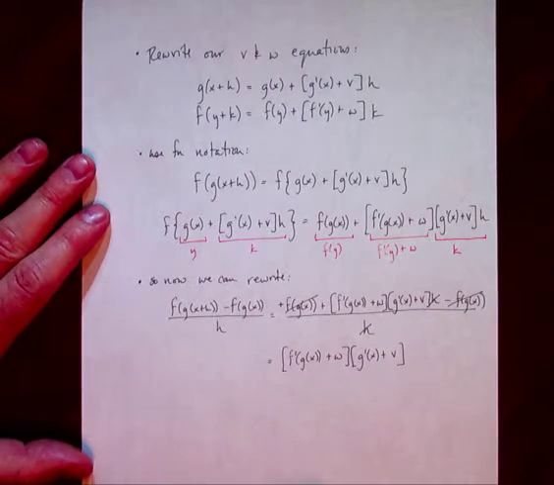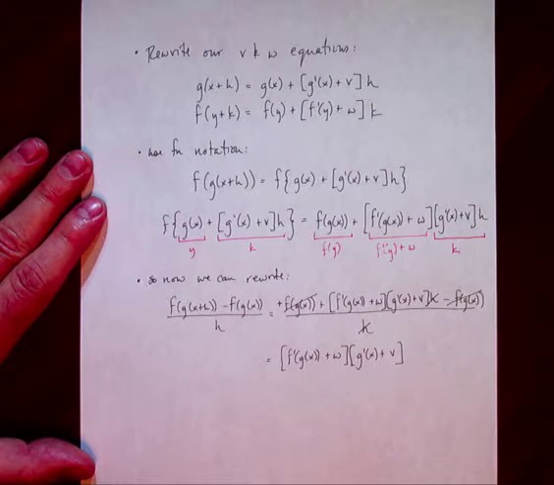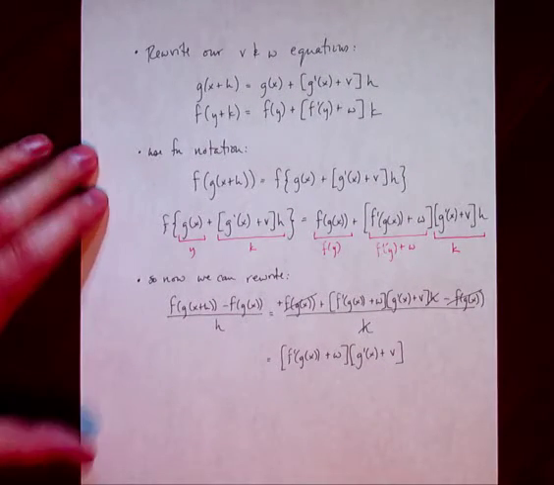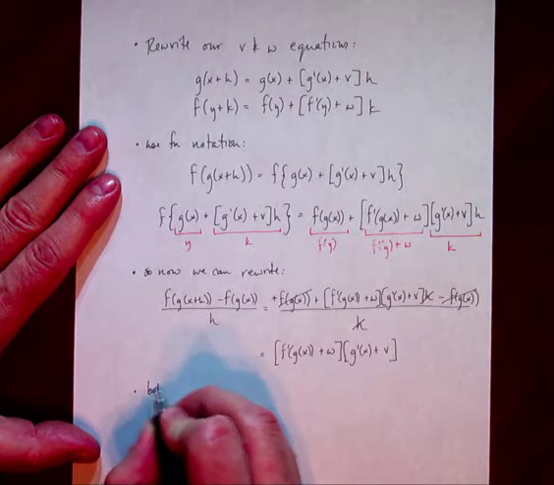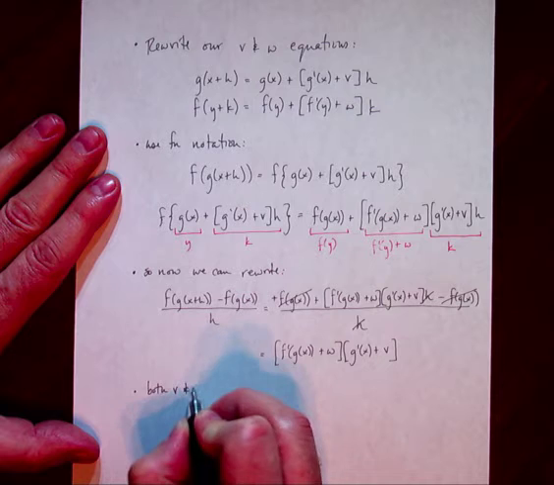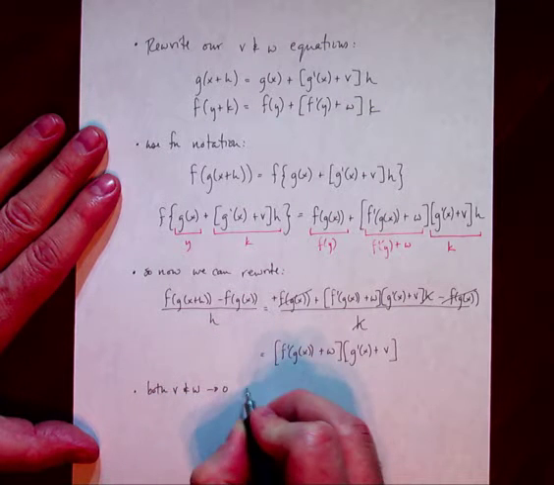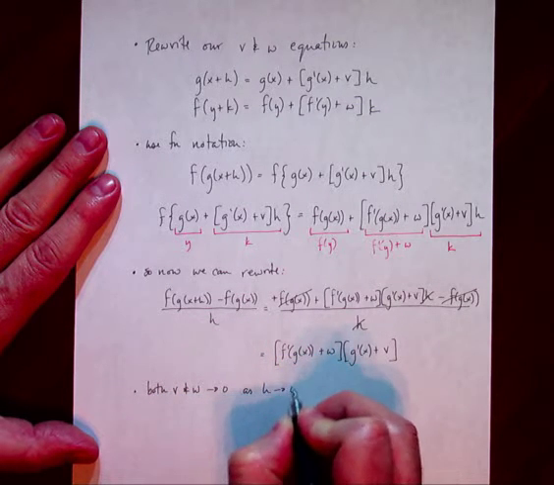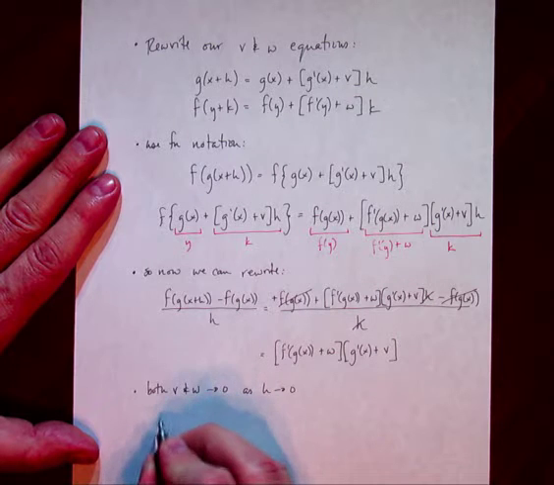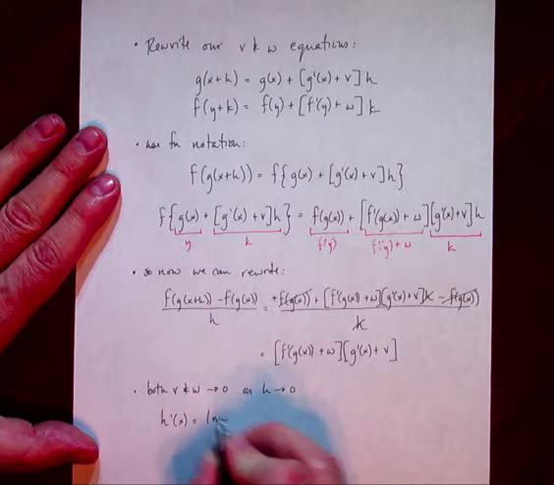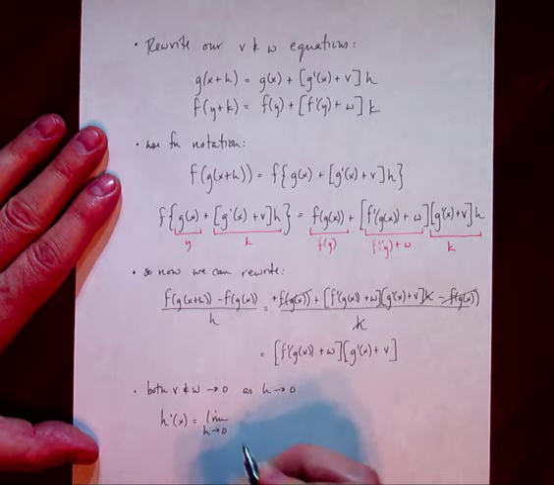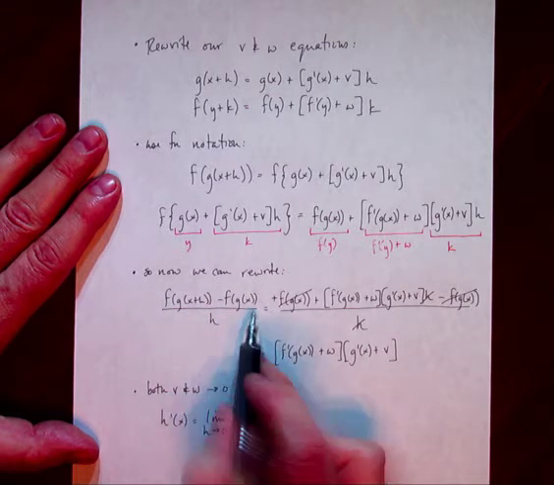Now, we're going to go ahead and place this back in the limit, but we need to remember that both v and w go to 0 as h goes to 0. So if we have h prime of x equal to the limit as h approaches 0, this is equivalent to this.